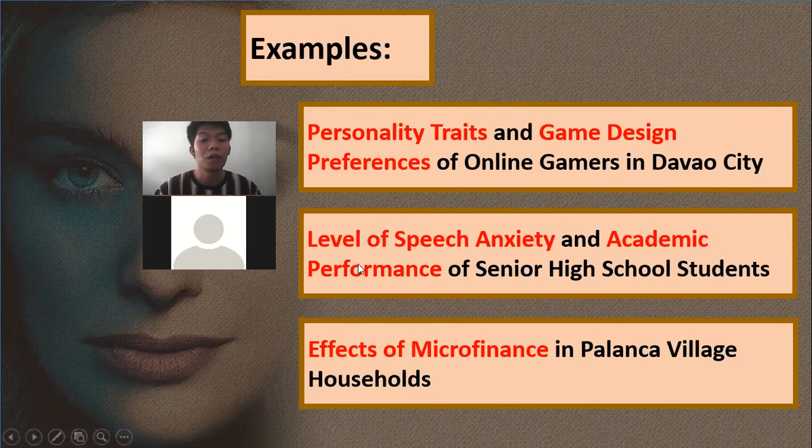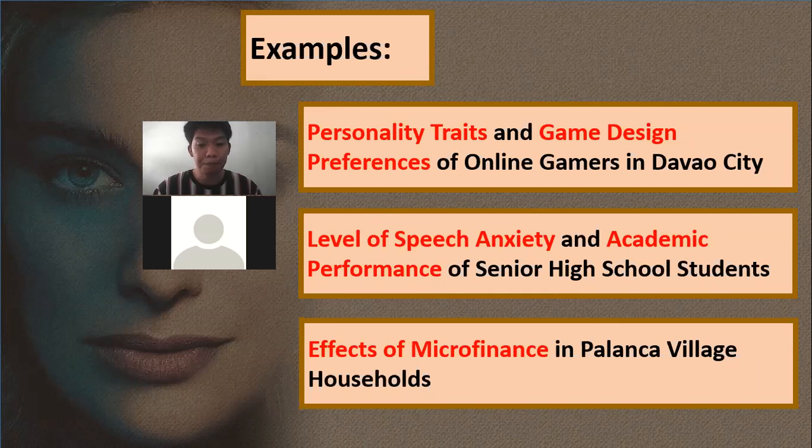variables. You also have level of speech anxiety and academic performance of senior high school students. In this specific study, the variables that the researchers are going to study are the level of speech anxiety and the academic performance. We also have the effects of microfinance in Palangka village households.